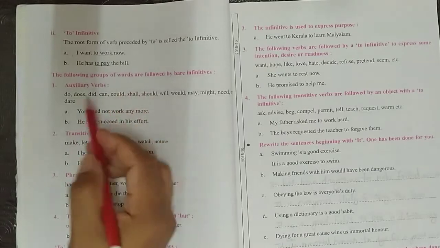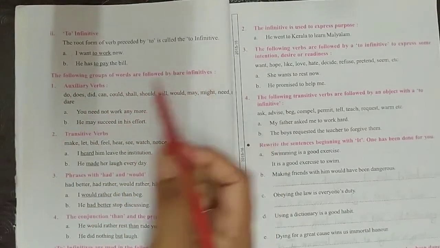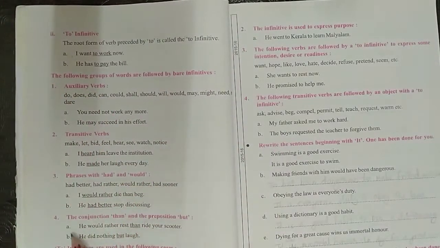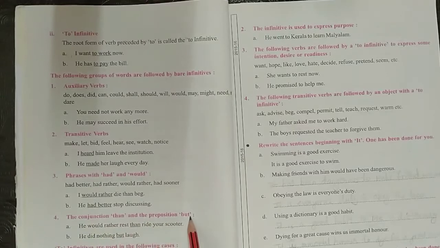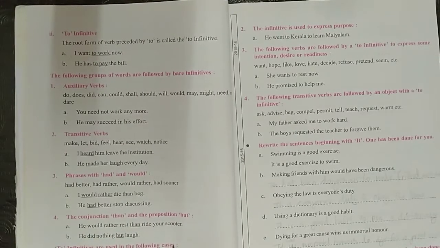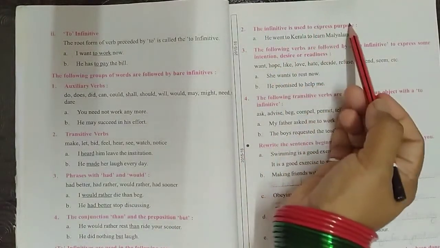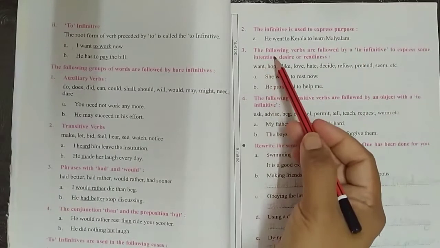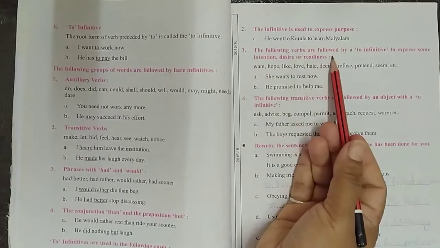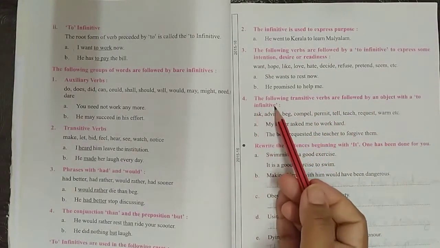Now the following groups of words are followed by bare infinitives: auxiliary verbs, transitive verbs, phrases with had and would, the conjunction than and the preposition but. And to infinitive is used in the following cases: to express the purpose, to express intentions, desire, readiness, and when followed by an object with two infinitives.